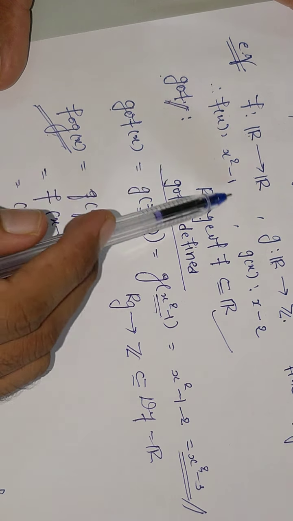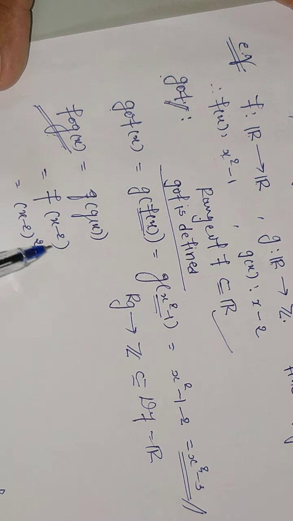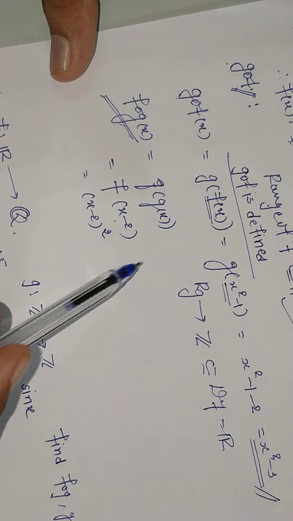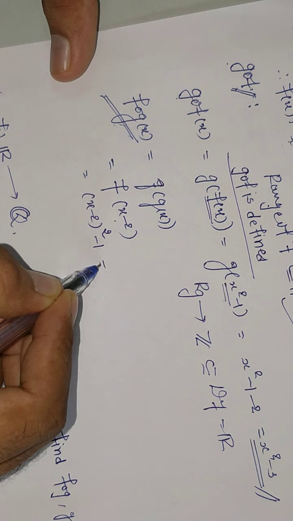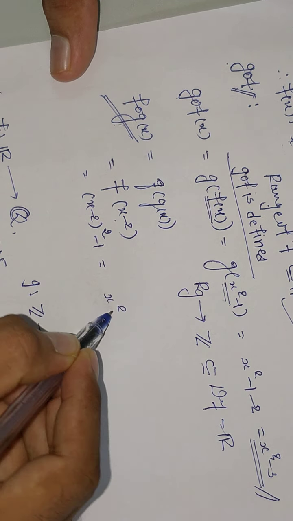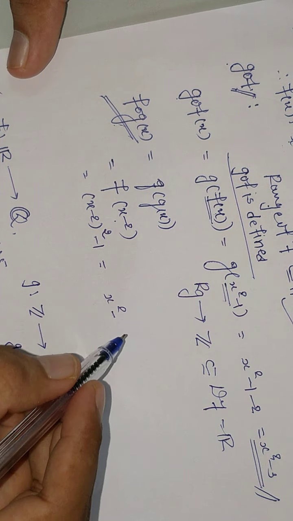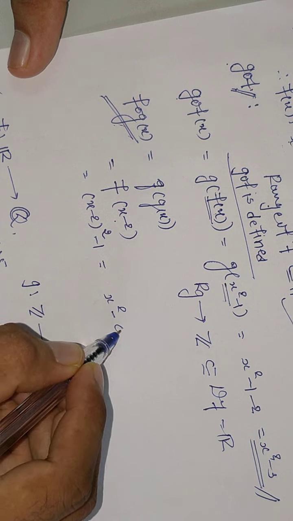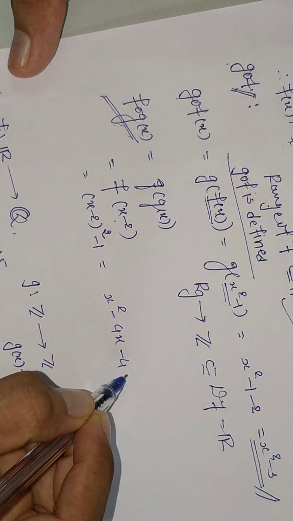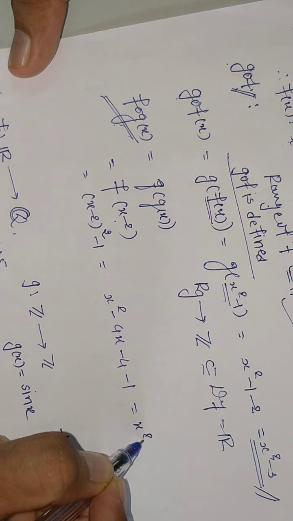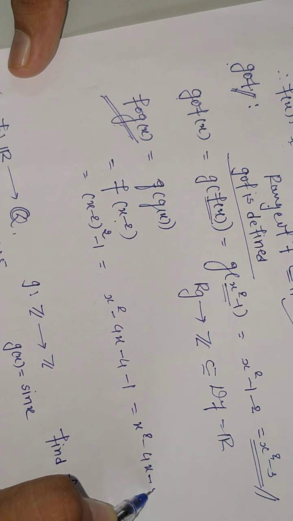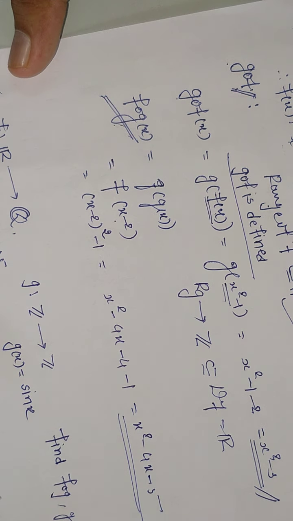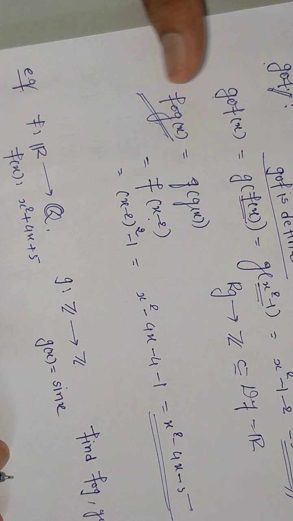So x minus 2 whole square minus 1, so I'll get x square minus 4x plus 4 minus 1, so x square minus 4x plus 3. So this is the composition function.